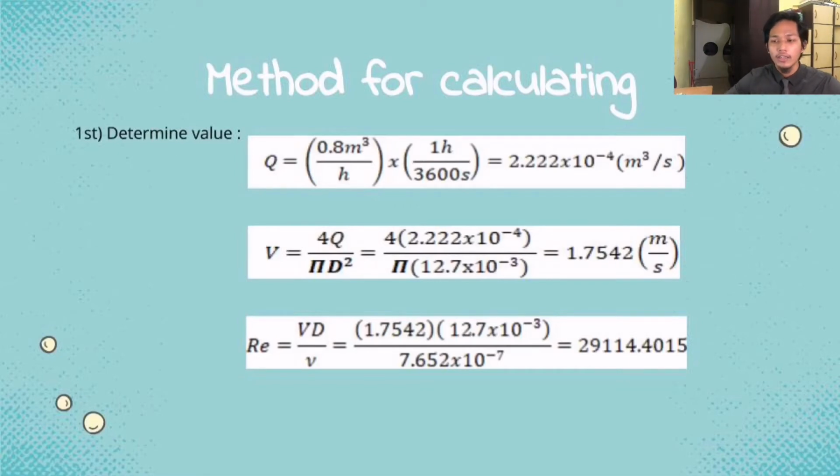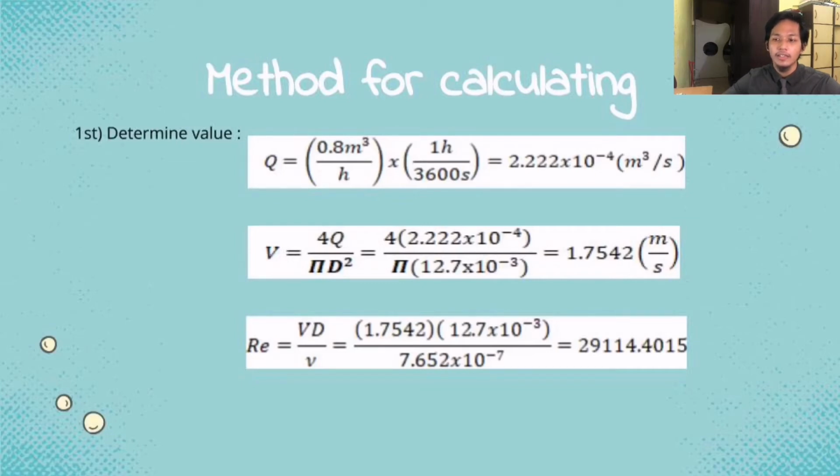And then we calculate the velocity. The formula of velocity is 4Q divided by πD squared. So we just insert all the data that we get, where Q we get from the equation above. The answer we get is 1.7542 meter per second.